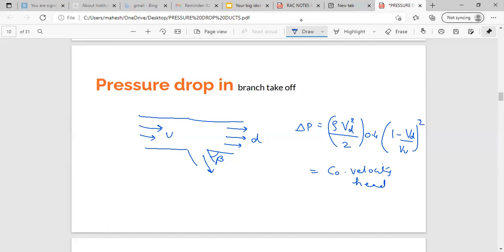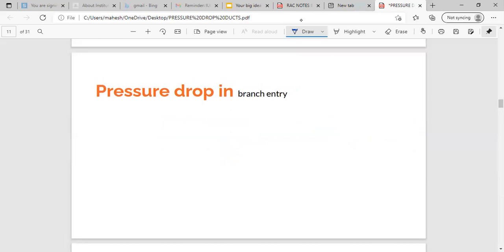Just as you have a branch takeoff, there is something called branch entry. Let me draw the branch entry also. Suppose this is a main duct, and let us say there is a return air coming into this main duct.